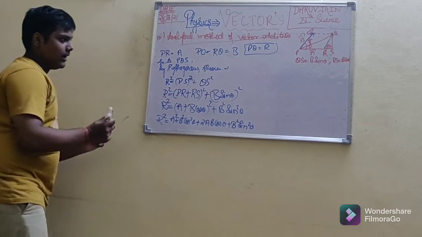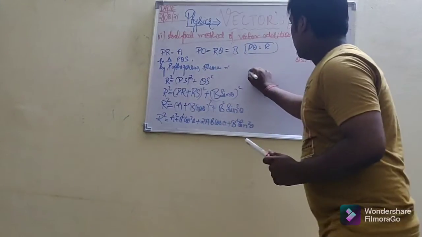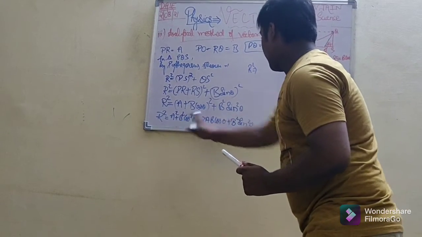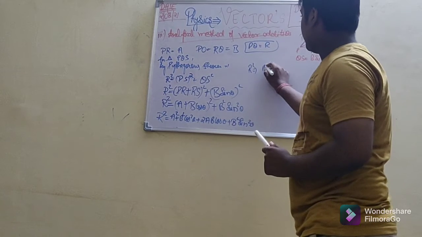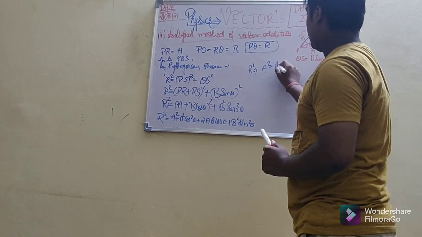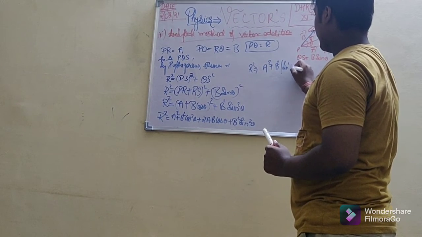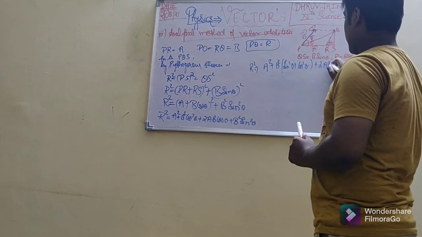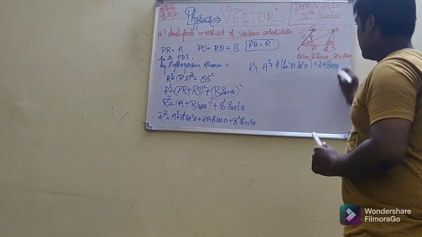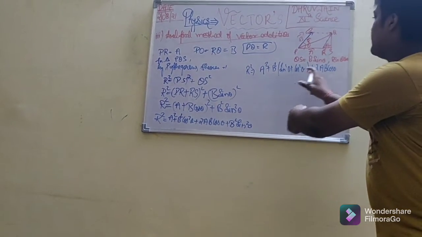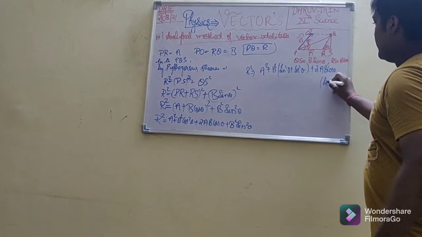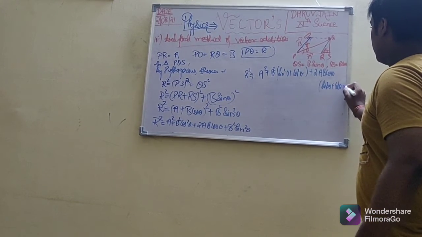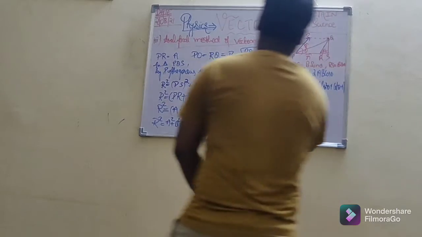Now R square will equal, we will take B square in common, so what we will get? A square plus B square (sin square theta plus cos square theta) plus 2AB cos theta. And we know that sin square theta plus cos square theta is equal to 1, so we will put the value 1.